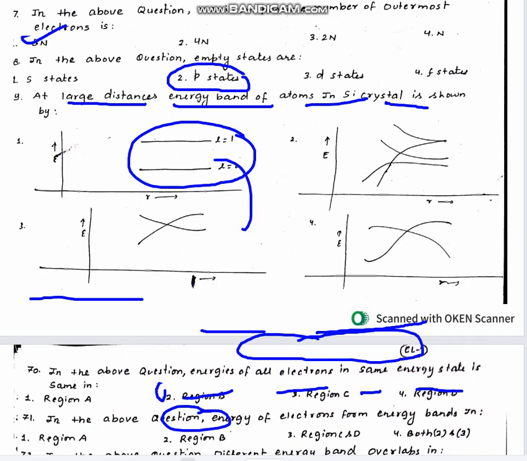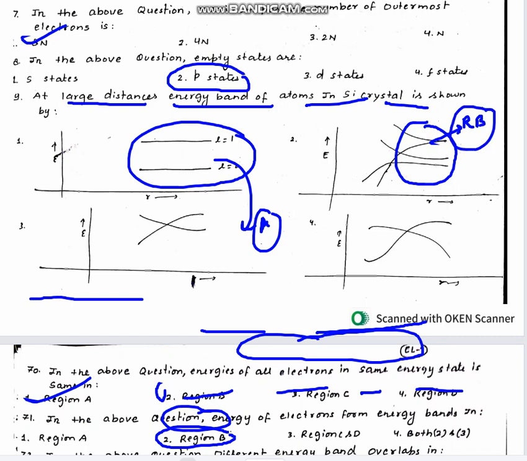This state corresponds to region A, so region A is correct. Next is: the energy of electrons forms energy bands, obviously in region B. So 2 is correct over here.